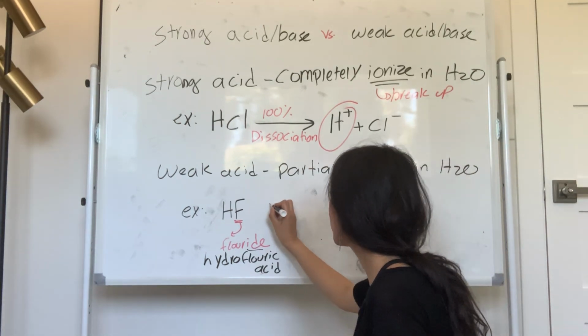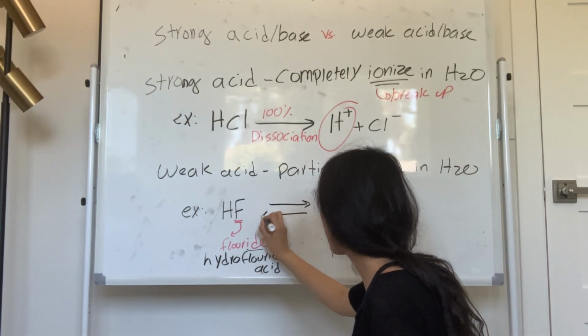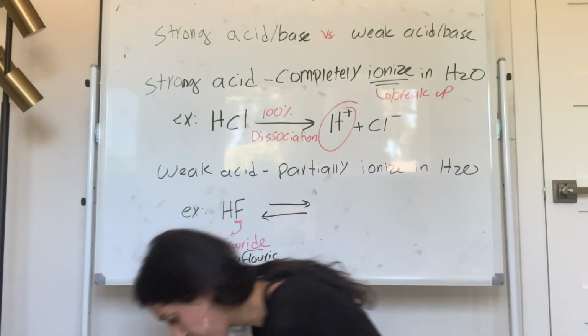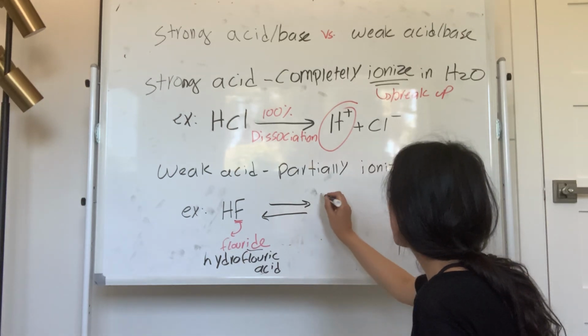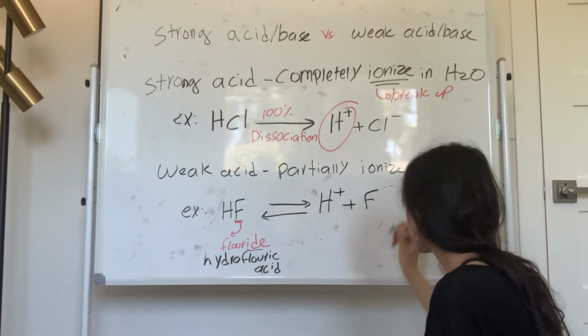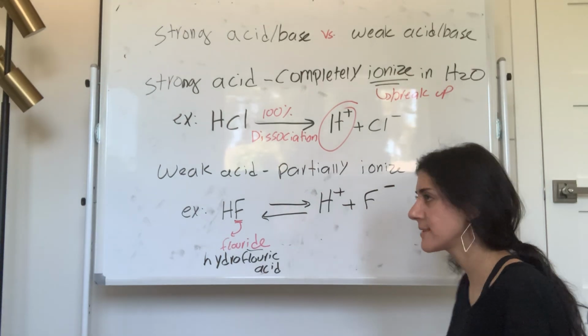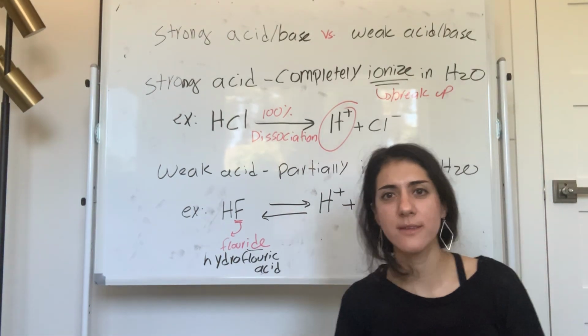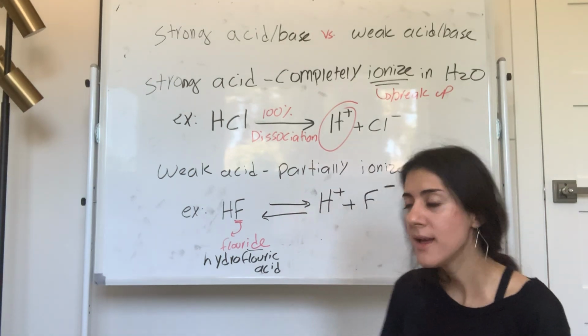Now, when you have a weak acid, you're going to put a double arrow. Now, let's go over what it means to be a weak acid. So hydrofluoric acid is a weak acid. What that means is it would only partially dissociate in water, okay?